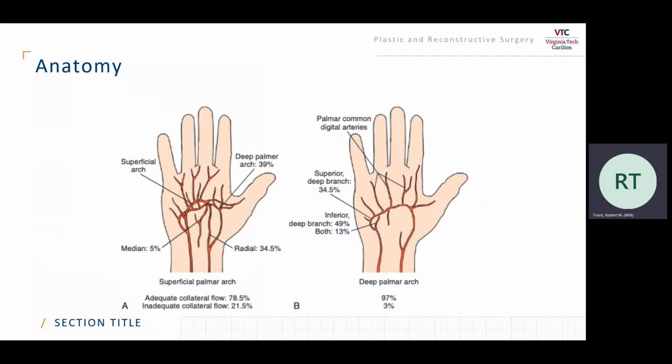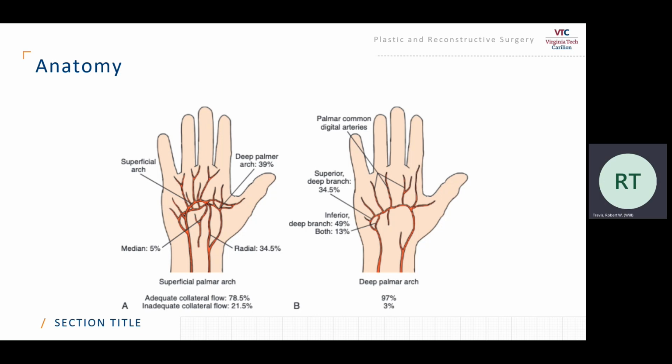In the hand, the radial and ulnar arteries form the deep and superficial palmar arches. The superficial palmar arch is formed from the ulnar artery as it crosses the wrist. There is significant variability in the superficial palmar arch. One study shows a complete palmar arch in about 84% of specimens, with a complete deep palmar arch in 97%.